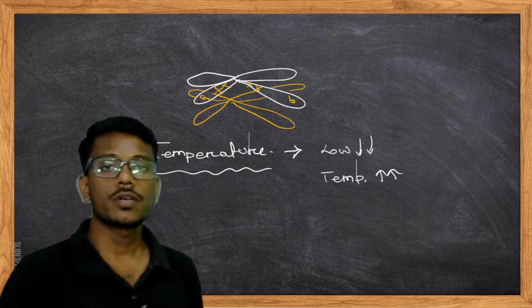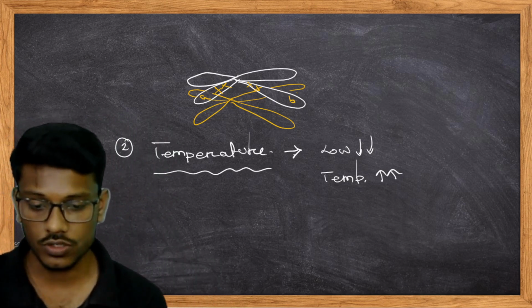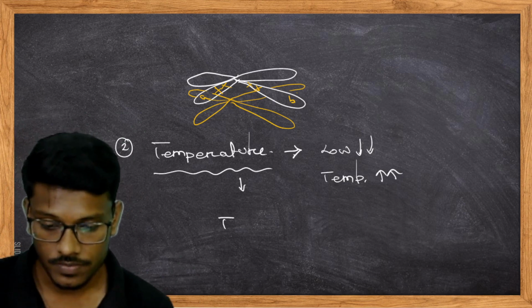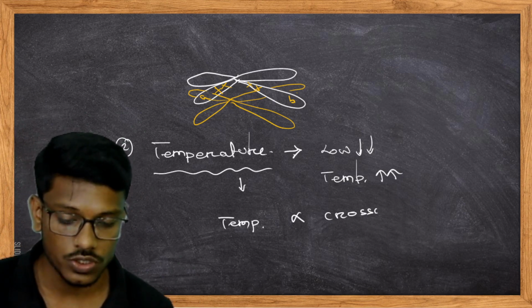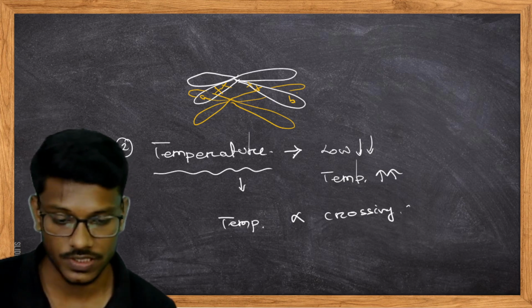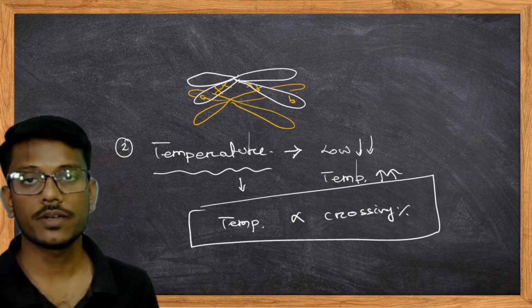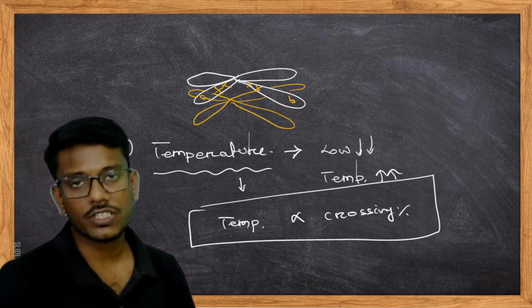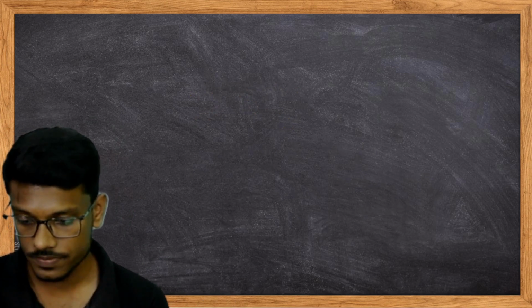Or if you provide very little temperature, there is also more chance of crossing over. So this is also directly proportional: temperature to the crossing over percentage. Very low temperature or very high temperature promotes the process of crossing over.